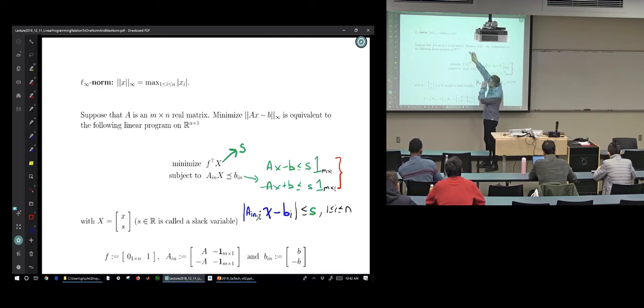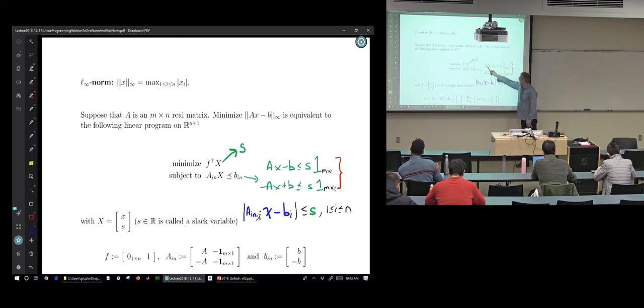We don't care about the other n minus 1s. We need one slack variable. Okay, because we're looking at Ax minus b. We need every single row to be less than or equal to the absolute value of s, because we're just minimizing the worst case error.